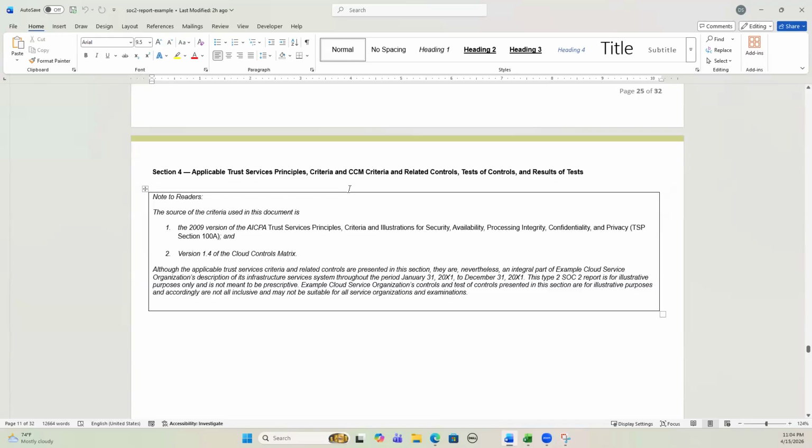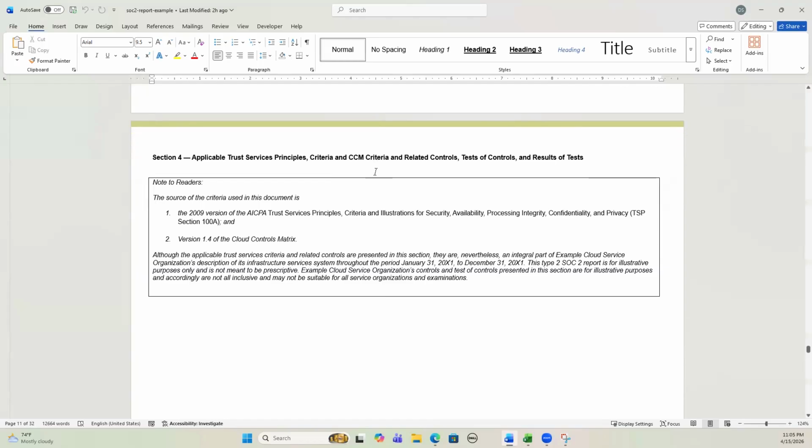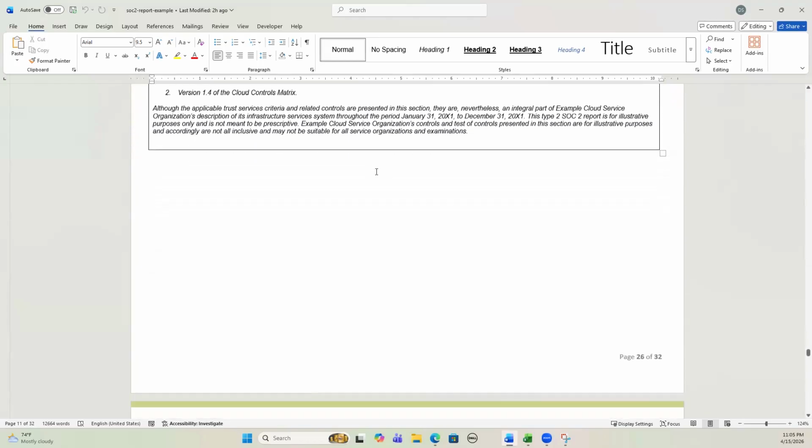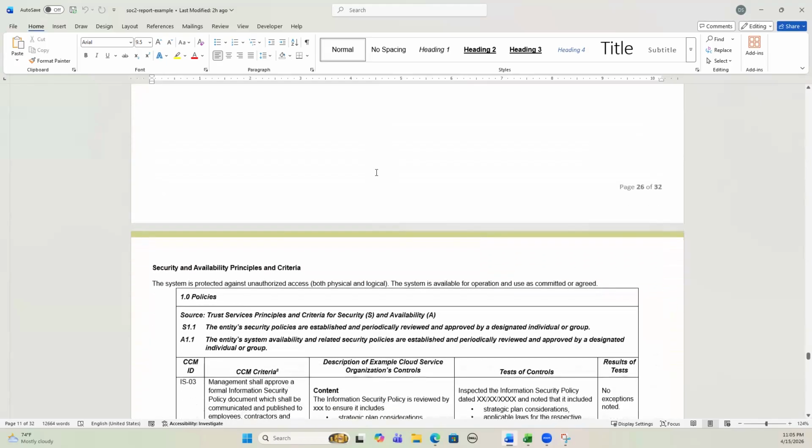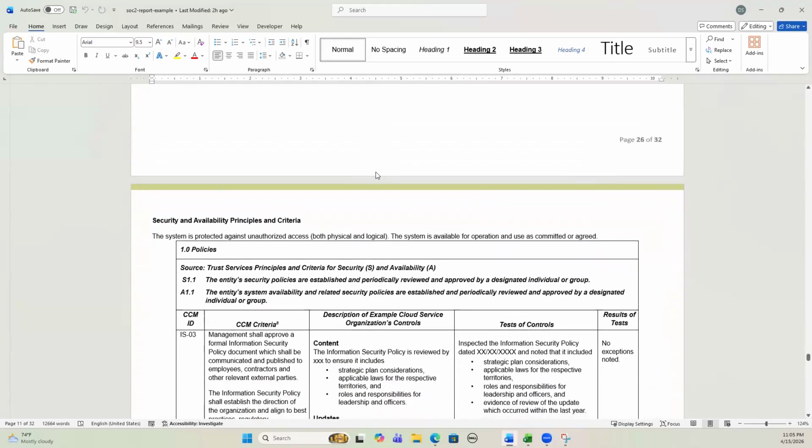So let me explain what this section actually is before we dive in, because the title is a mouthful and most people's eyes glaze over it immediately. This section is the auditor's testing log. It is the record of every single security and availability control the vendor claimed to have, and whether those controls actually worked when the auditor tested them.